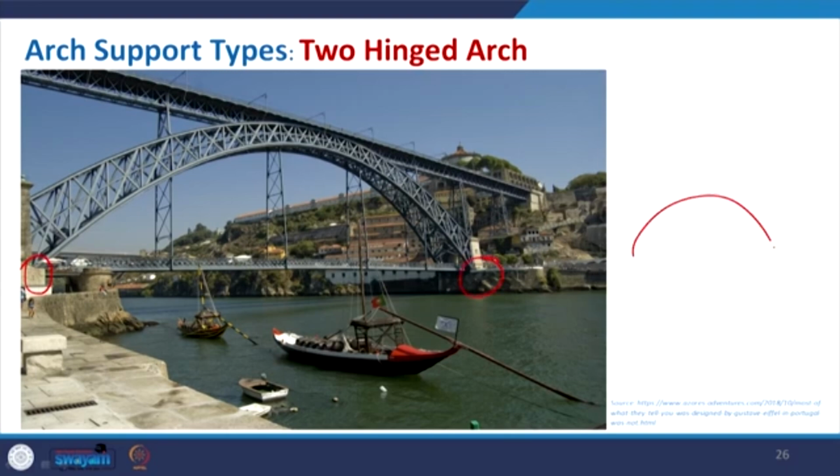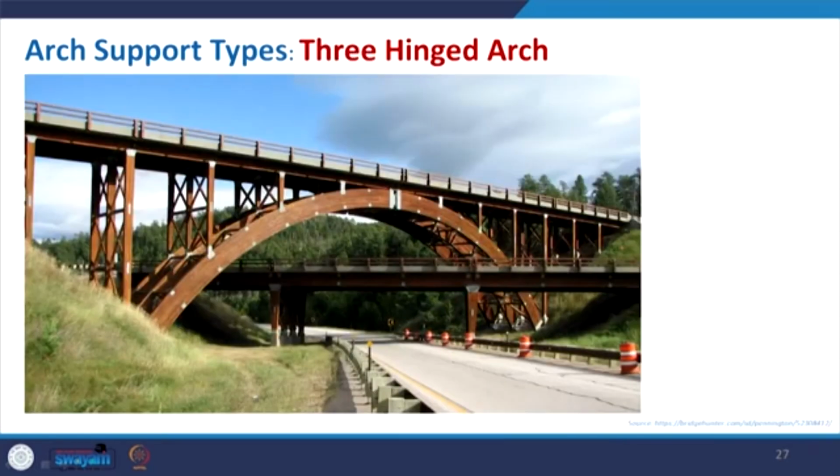So, at this end it is supported with a hinge. Compared to fixed, this is the two hinge joint. Now, coming to the three hinge arch, along with the two hinges at the support at both ends, one hinge is also provided. So, basically it is giving the joint like this.